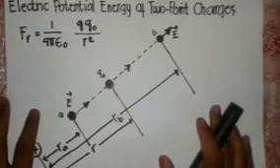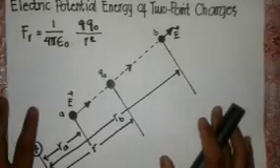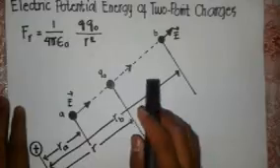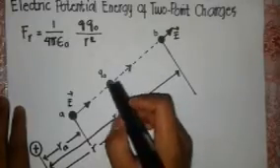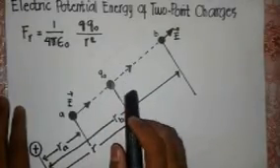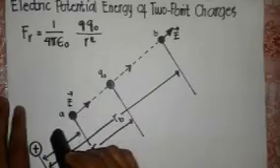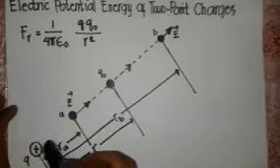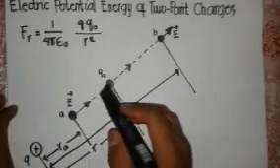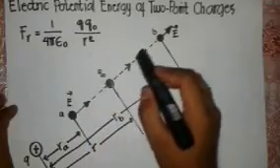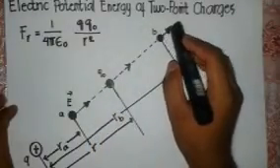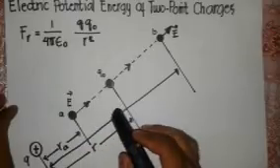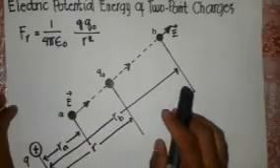Now we are on electric potential energy of two point charges. So considering this illustration, say we have a test charge q naught that moves along a straight line extending radially from a charge q. Now as it moves from point A to point B, the distance varies from r sub a to r sub b.